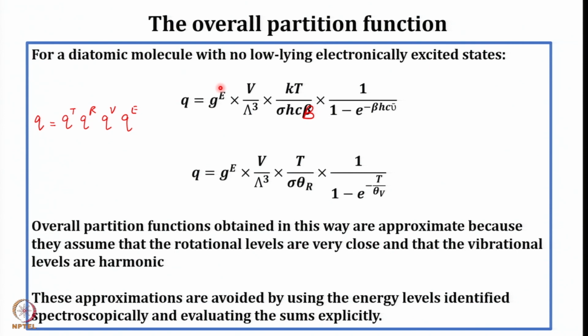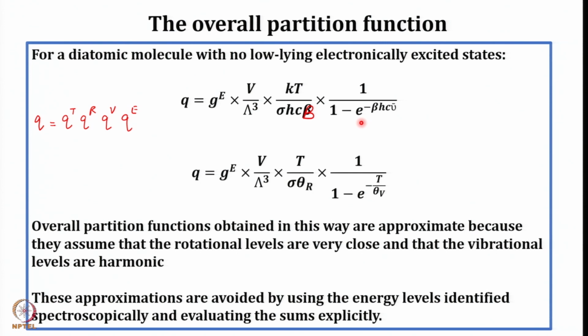So, therefore, the overall expression for the molecular partition function is gE, that is the ground state term, into V upon lambda cube into 1 upon sigma hc beta B, which in other words is kT by sigma hcB into 1 over 1 minus exponential minus beta hc nu bar.